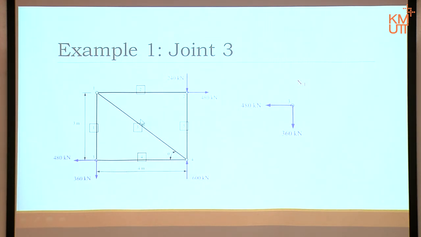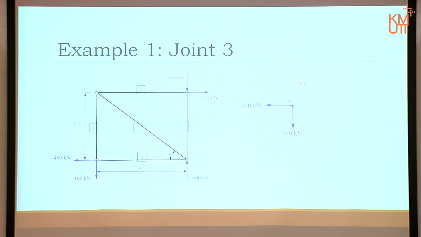This member here is vertical. Therefore, N1 is also vertical, correct? I don't want to put it in the picture yet because I want to ask you, in this picture, does N1 go up or does N1 go down?